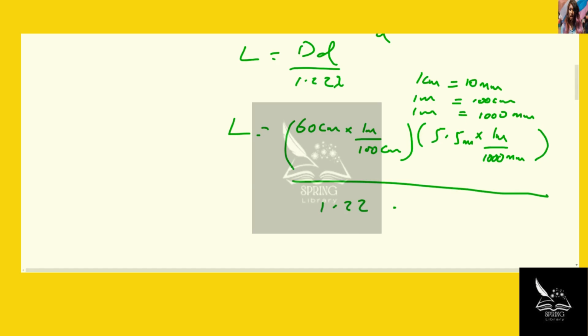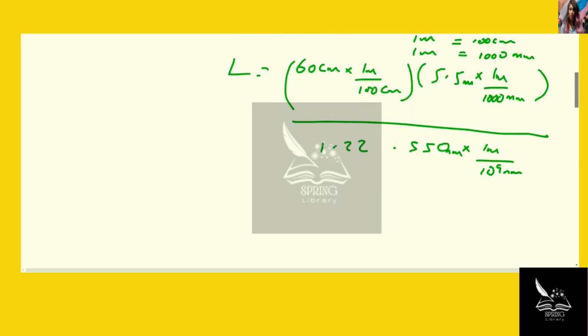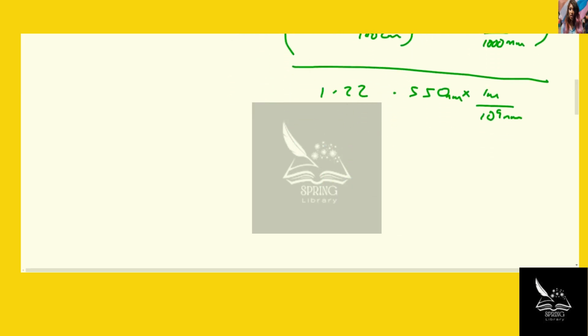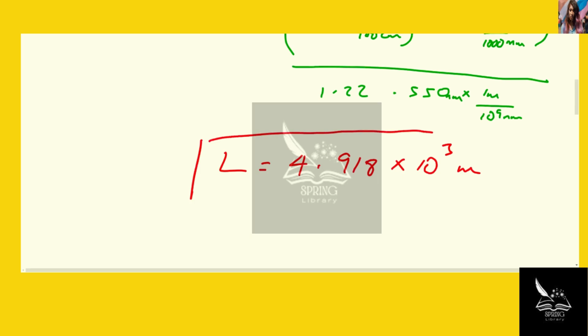Lambda is 550. Change that to meters, so times 1 meter over 10 to the 9 nanometers. I'm going to go ahead and simplify that problem, and we end up having L being equivalent to 4.918 times 10 to the 3 meters.